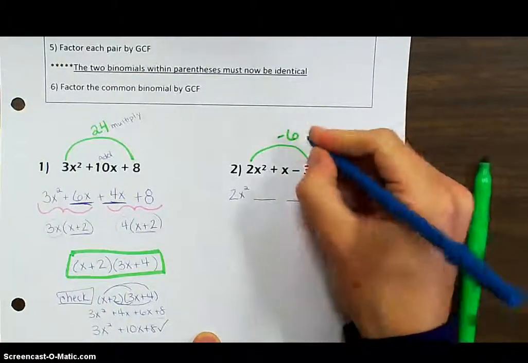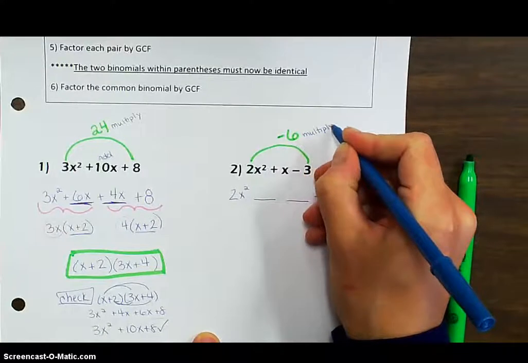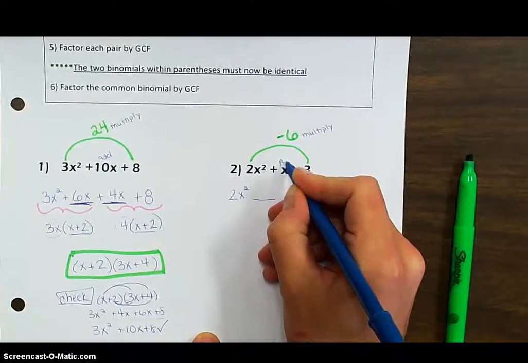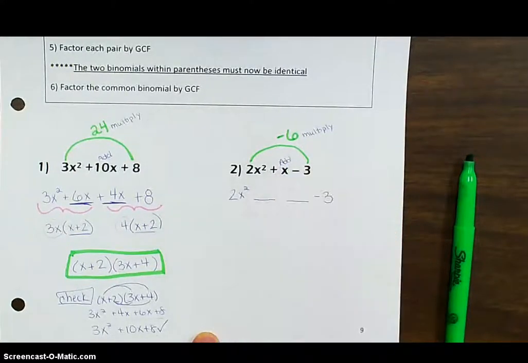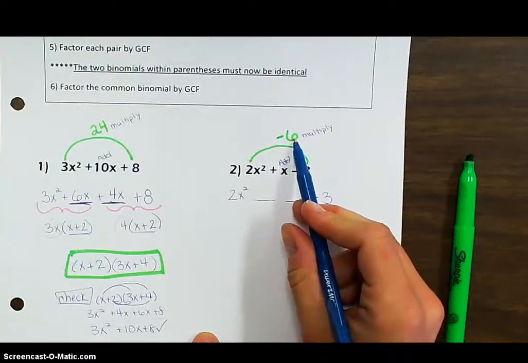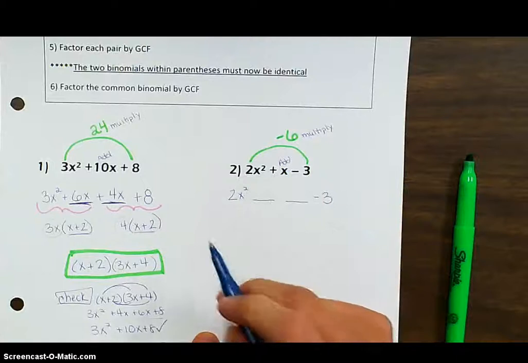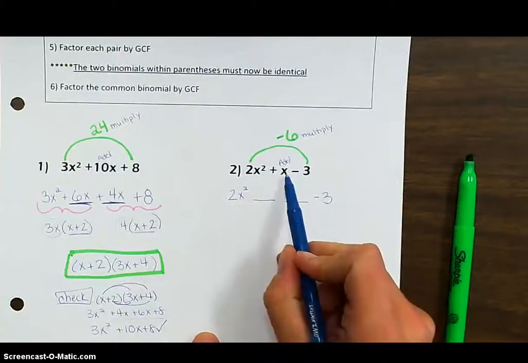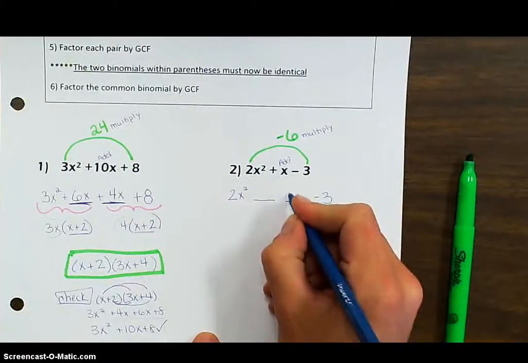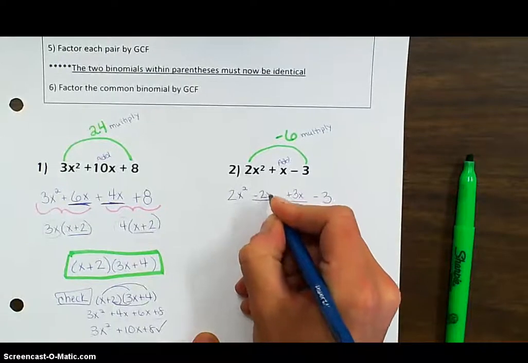So now we need to think of two numbers that multiply to negative 6 and add to positive 1. So multiply to negative 6 means one's a positive, one's a negative, and add to 1. So that's going to be 3 and 2, and since they add to a positive 1, I'm going to make my 3 a positive and my 2 a negative.